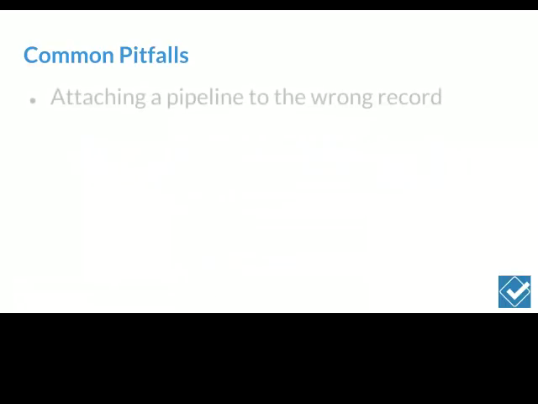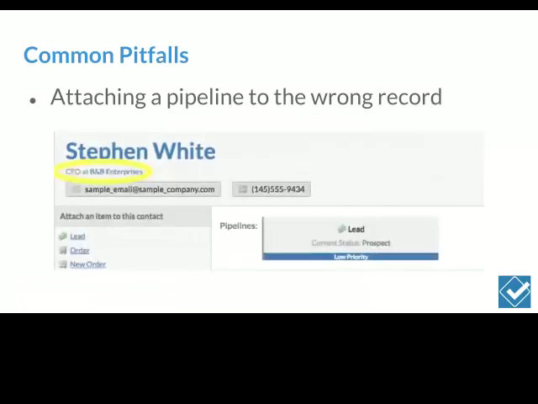The next one we have here is attaching a pipeline to the wrong record. So in Less Annoying CRM, you can attach pipelines to both contacts and companies. But let's say that your lead is really the company and you're just talking to somebody at the company like Steven, and you're trying to sell the company your product or service.